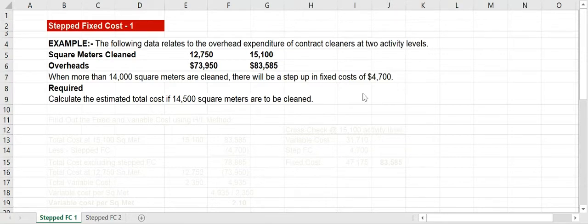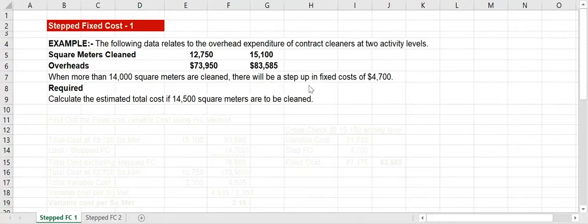The question is: the following data relates to the overhead expenditure of contract cleaners at two activity levels. So you are given two activity levels and the overhead costs. In addition, you are given that when more than 14,000 square meters are cleaned, there will be a step up in fixed cost of 4,700.